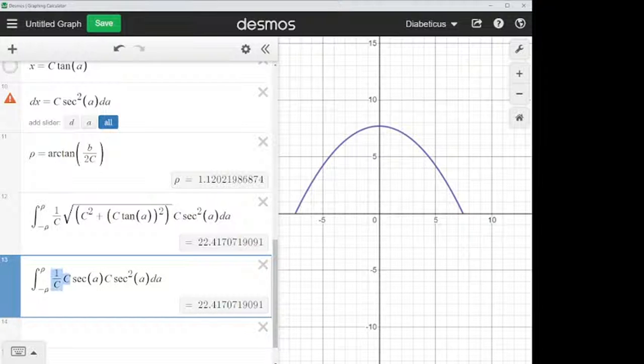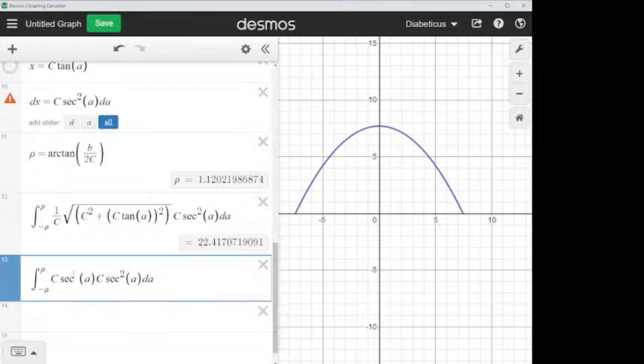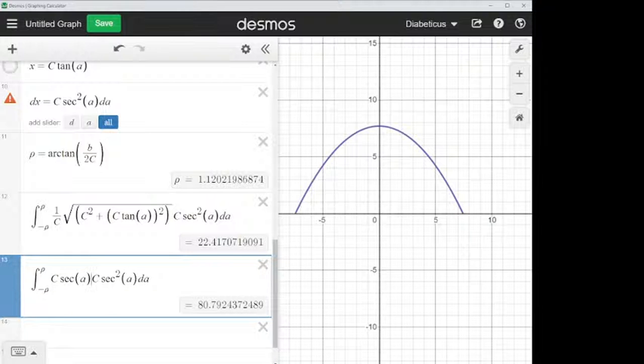And these two guys cancel out, and this becomes c secant cubed a, I hope. Okay, and we put the C on the back. And that's the expression.